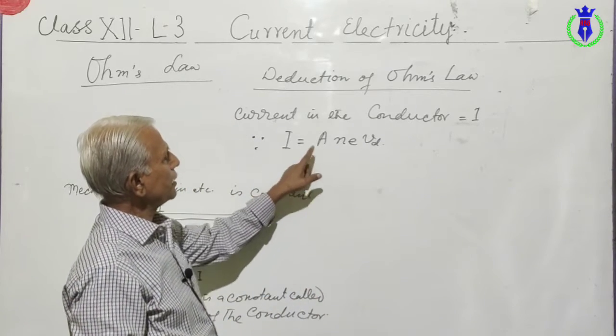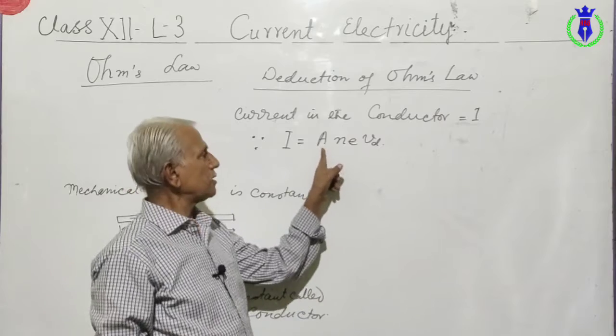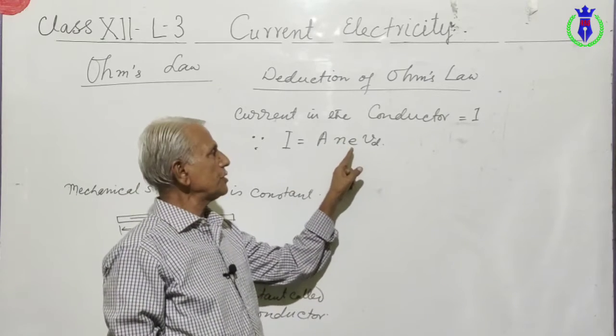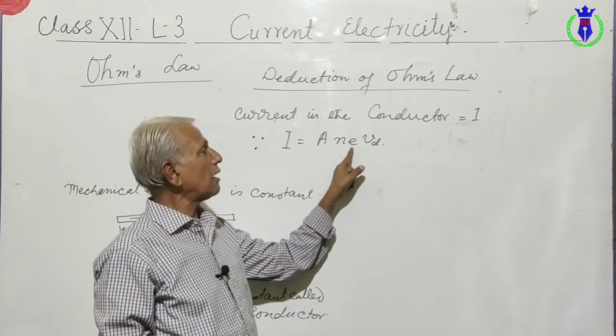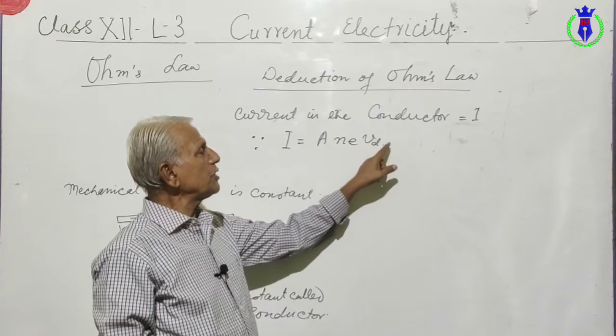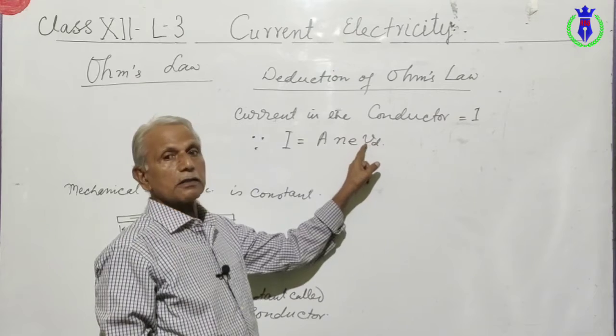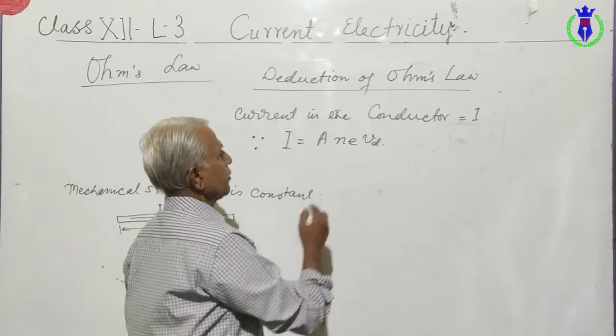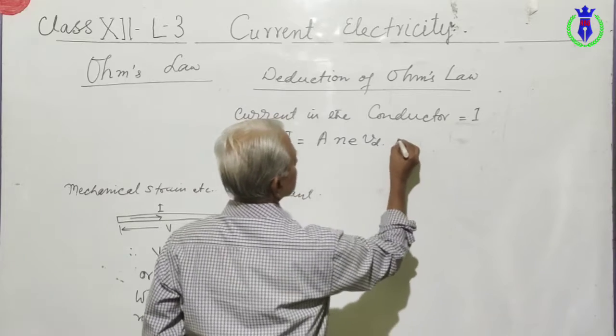I is current, A is area of cross section of the conductor, N is electron density, E is the electronic charge, the charge of the electron, and Vd is the drift speed or drift velocity. We know the value of Vd.